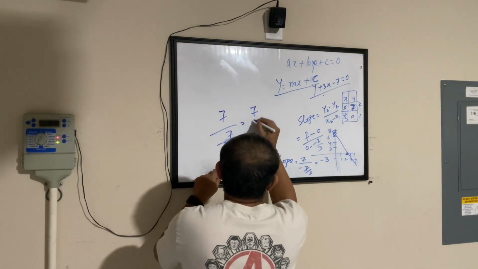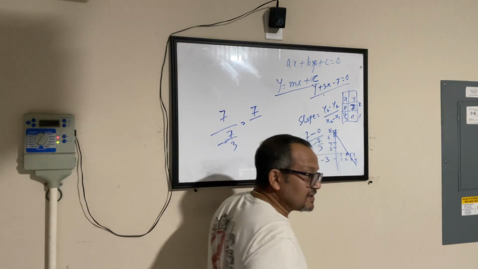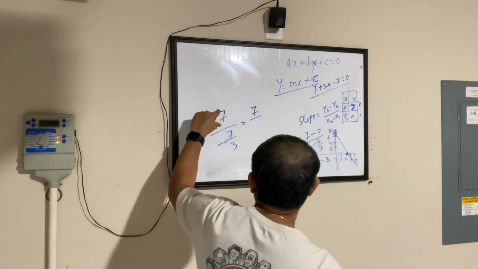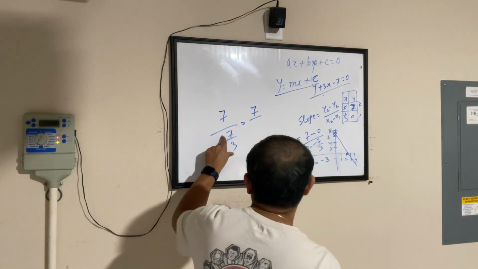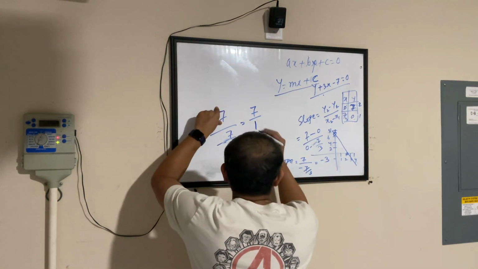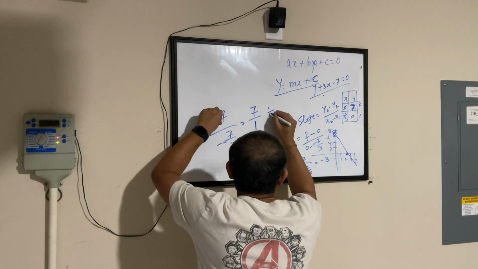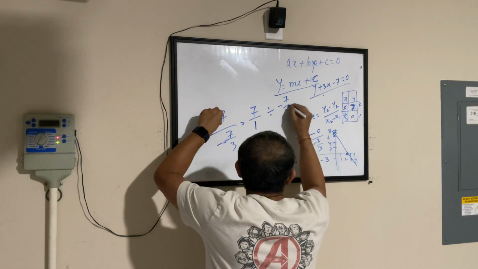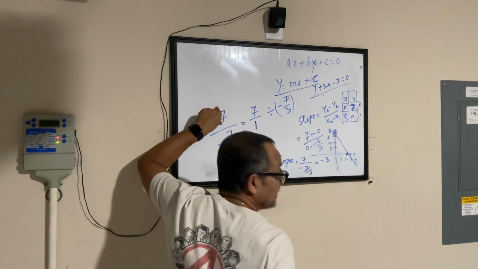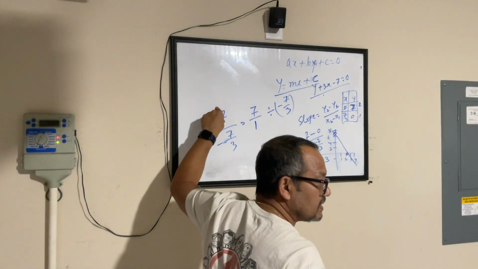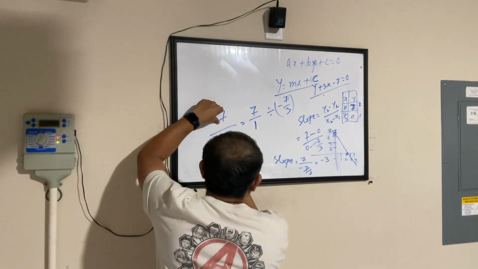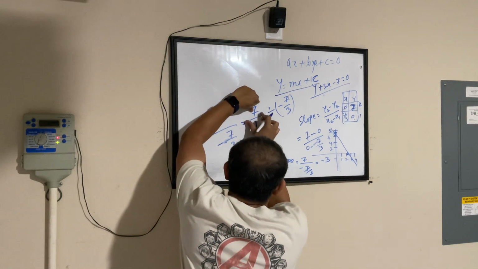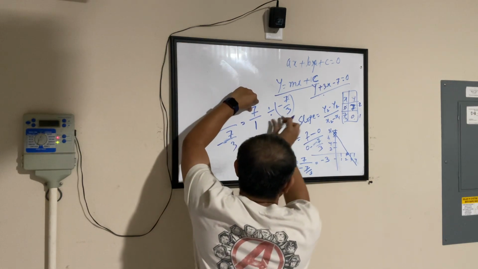I keep on saying, fractions are my best friend. This is a whole number and this is a fraction. I'll convert this also into a fraction, 7 by 1, and then divide it by minus 7 by 3. This is what I have. Correct?